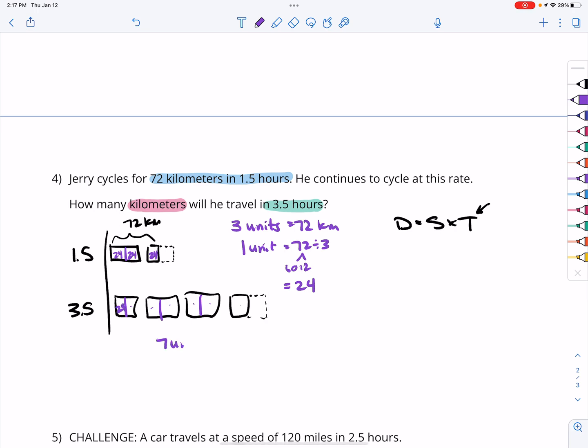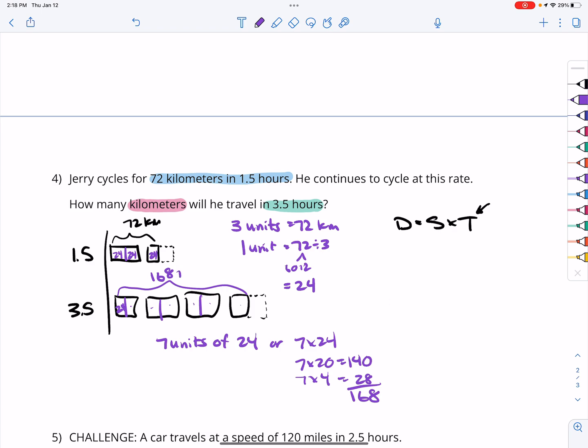So we have 7 units of 24, or 7 times 24, which is 7 times 20, and 7 times 4, 168. So it looks like in that amount of time, Jerry will travel 168 kilometers. Awesome. So let's check and see.